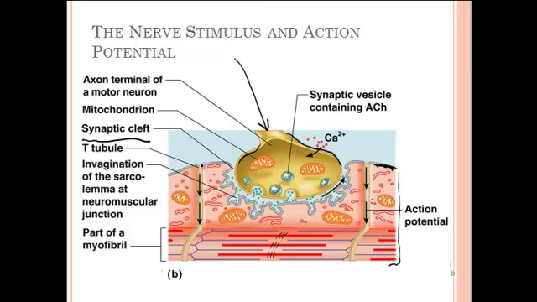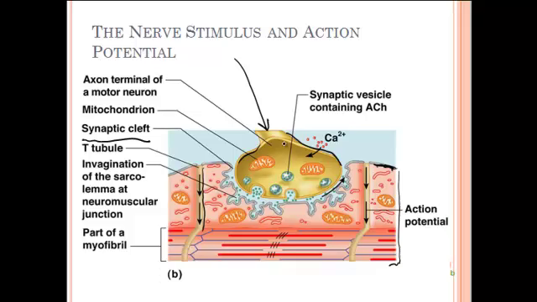Also notice these big tubes called T-tubules, and they go down inside, so they're openings on the outside of the muscle fiber that move down deep inside the muscle fiber. And they have an important job, because once the neurotransmitter signals this muscle and it starts sending a signal along the muscle, this signal is going to go down the T-tubules deep inside the muscle fiber.